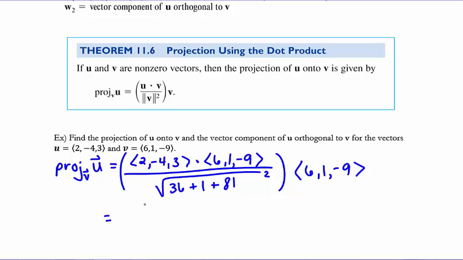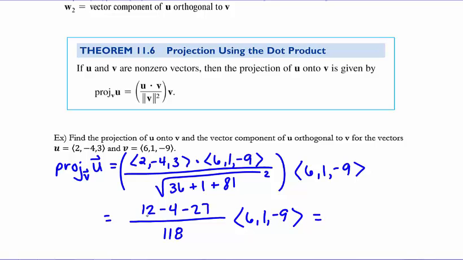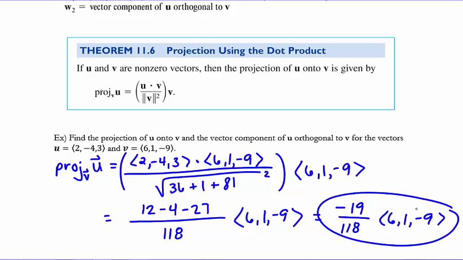Our dot product on top is going to be 12 minus 4 minus 27. On the bottom, the square root and the square cancel out, so I have 37 plus 81, which is 118, if I'm not mistaken, times <6, 1, -9>. 12 minus 4 is 8, 8 minus 27 is negative 19, over 118, times <6, 1, -9>. If you want, you can distribute this, but you don't have to.